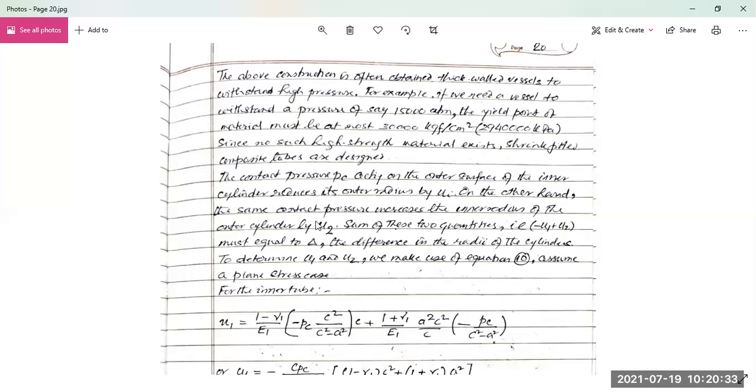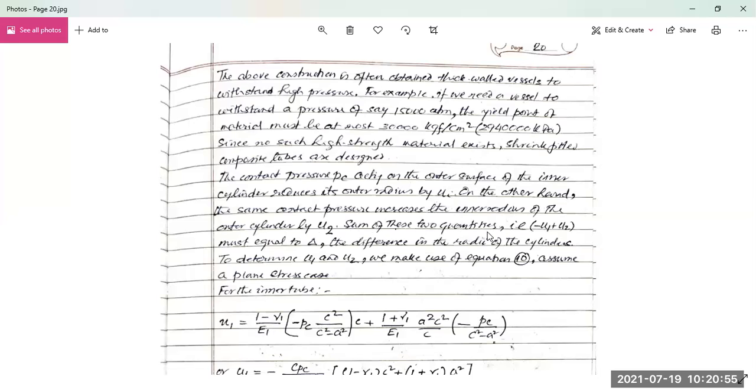On the other hand, the same contact pressure increases the inner radius of the outer cylinder by U2. So we are getting two deflections, U1 and U2.